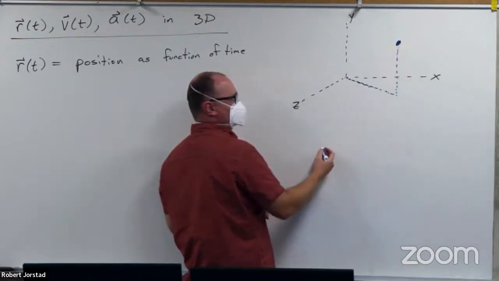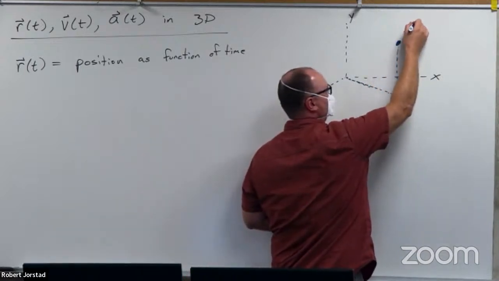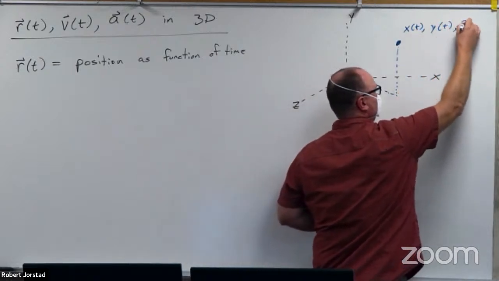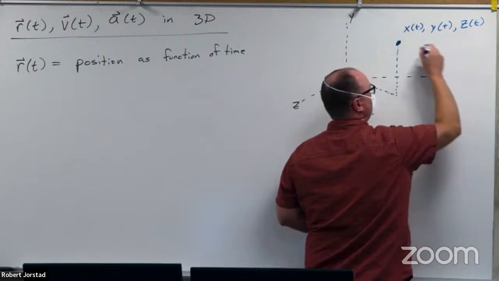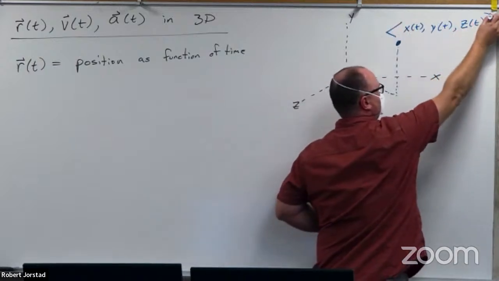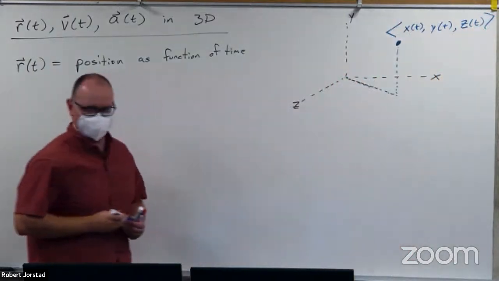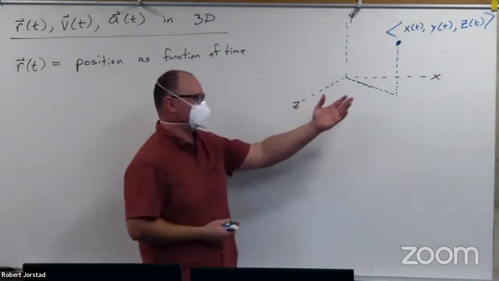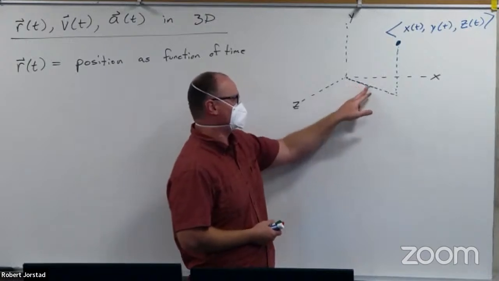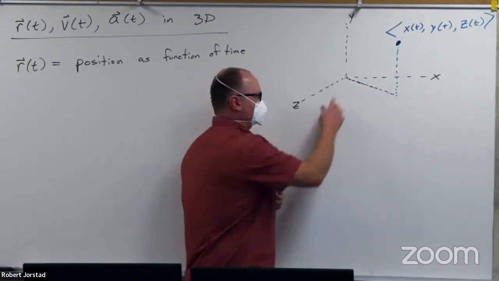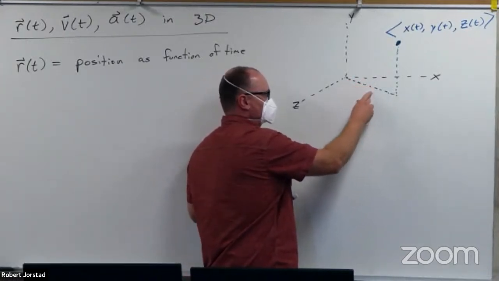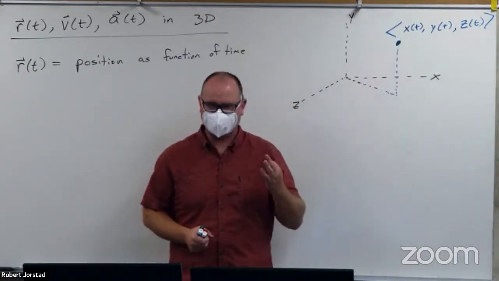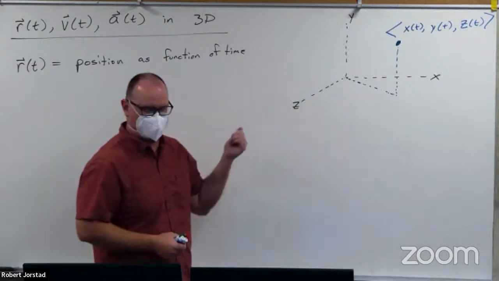In calculus class, sometimes you'll see it with these diagonal brackets, where you're talking about the location of a point in space as a function of time. Maybe you don't get the best contrast here, so I apologize. But the idea is we're going to describe a point in three-dimensional space, and then we're going to try and break it down into x, y, and z.